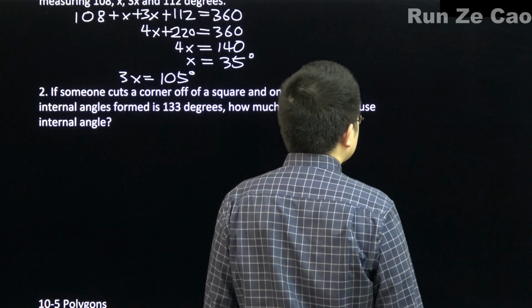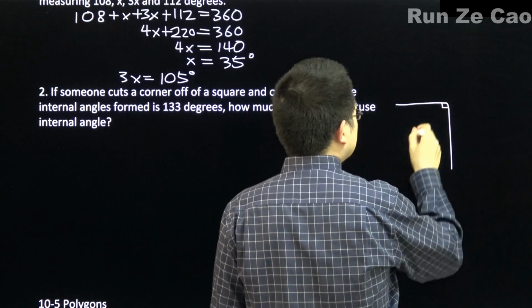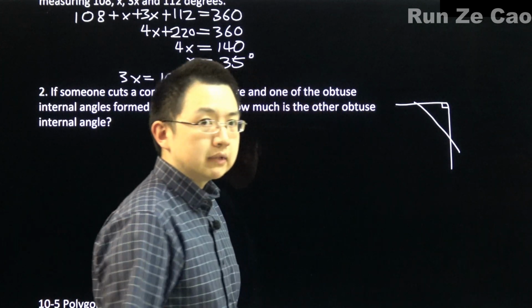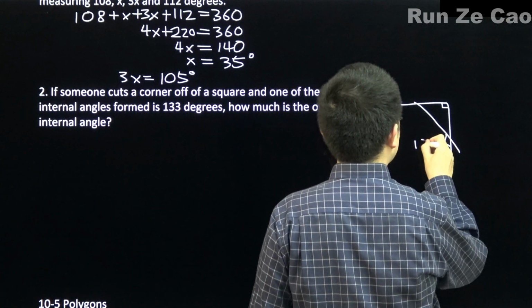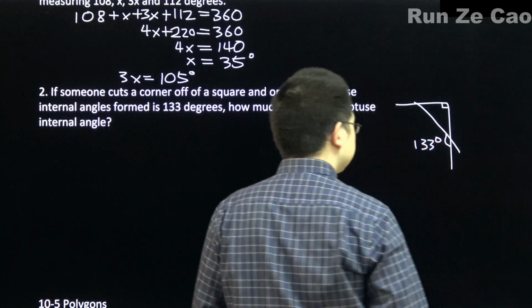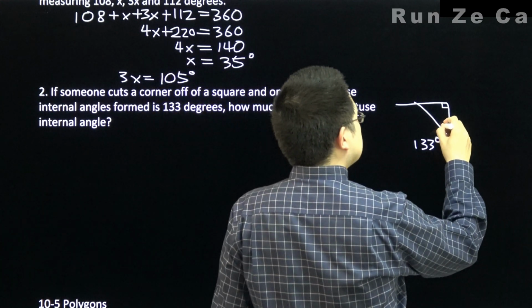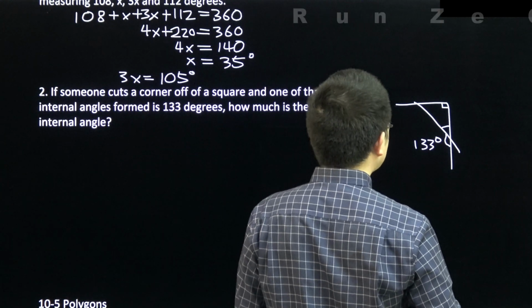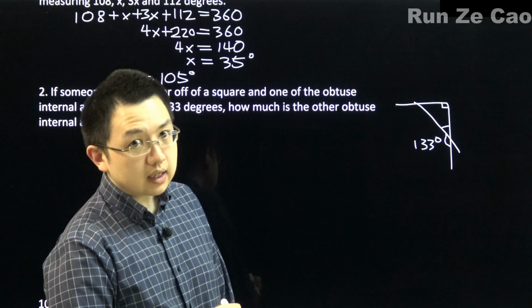Okay, guys, there's two ways to do this problem. So we cut a piece off, all right? And we know that one of these angles is 133 degrees. You can find this angle, which is going to be 180 minus 133.